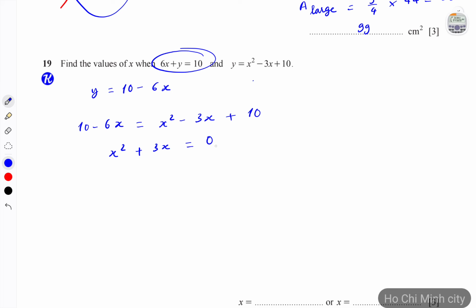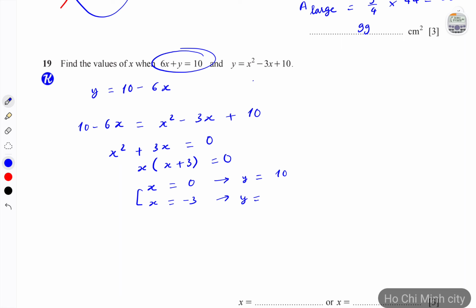And this time, you don't need to apply the formula to calculate the roots. So just simply factorize it. It is x times x plus 3. So we have x is 0 or x is negative 3. So when x is 0, we have y is 10 minus 0, which is 10.